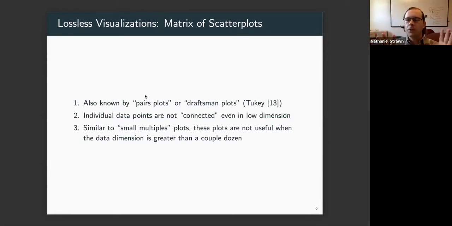That's called a small multiples plot, where you have small multiples of different visualizations or different facets of a particular visualization being displayed for you. But as soon as you get past a 10 by 10 grid or larger, there's just too much information in a small multiples plot.